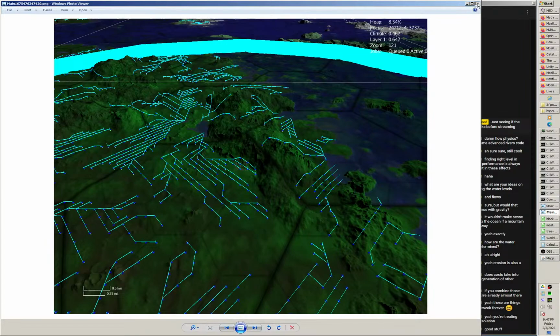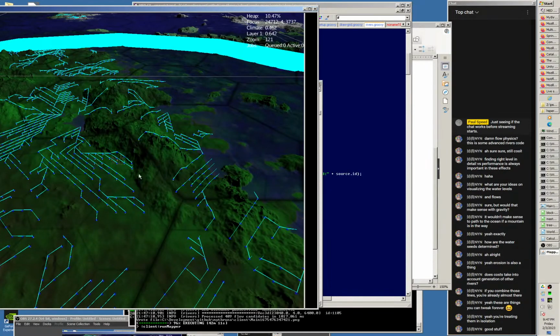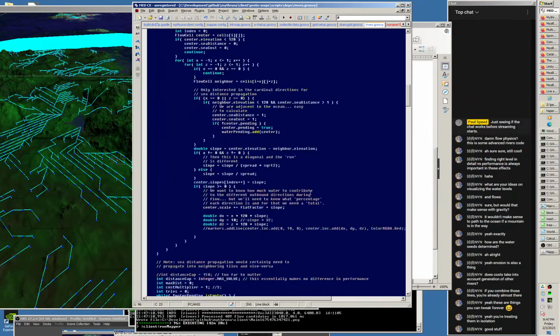But at least we're sort of preferring to build on existing rivers, which will be important once I add in the sort of weighting to go to existing.